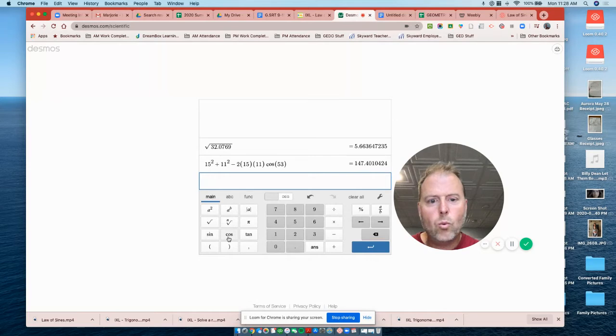And it looks like I got 147.4010. Again, way too big, so I'll do the square root of that.